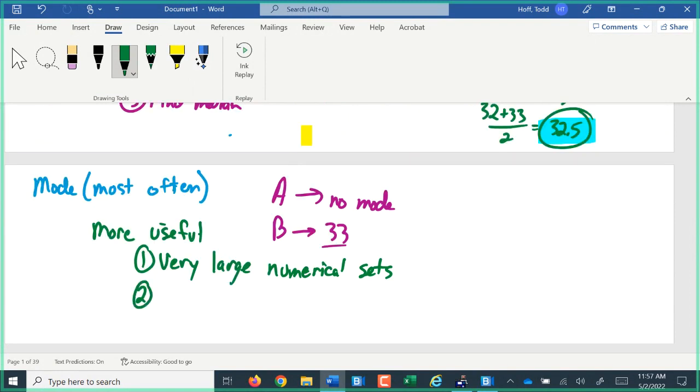Or it can be used in categorical data. If I ask you what is your favorite color and everybody responds, we can't find a mean or a median of those, but we can find a color that was said the most often. We can find a mode.